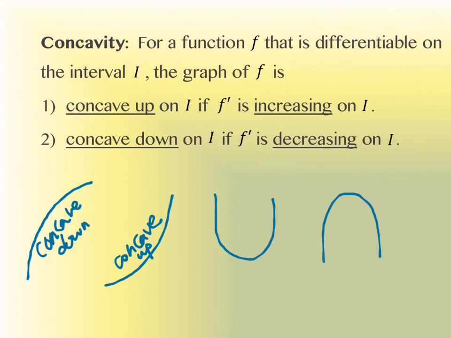They don't have that other piece of the graph that would make them a container of some sort. But this concave up still has that same sloping feature that this one does over here. And this concave down graph still has the same sloping feature that part of this graph has over here.